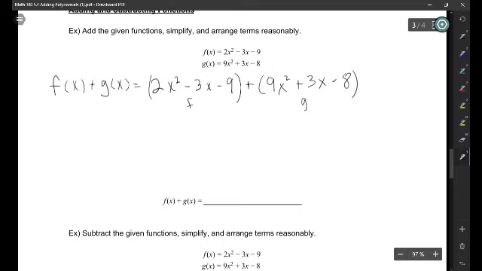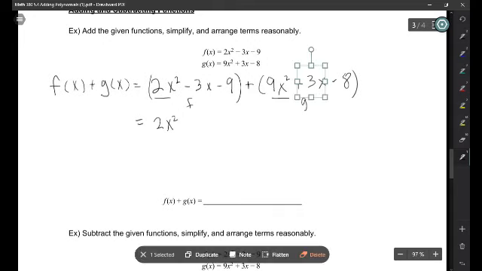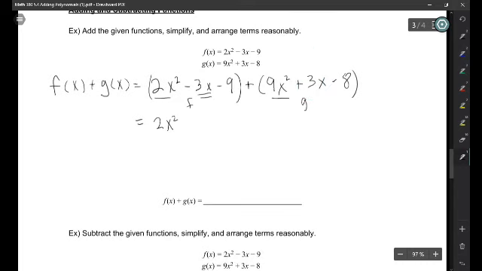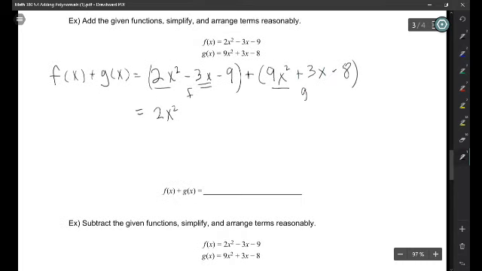Well, then just drop your parentheses. Even before that, we can underline like terms, x squared terms, x terms, and then the constant terms.